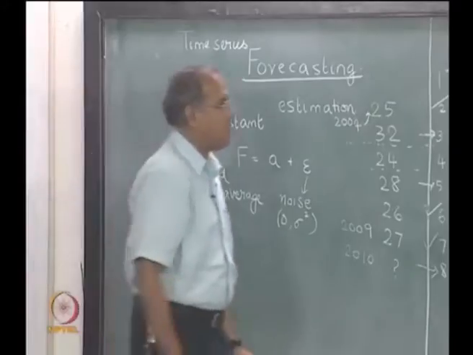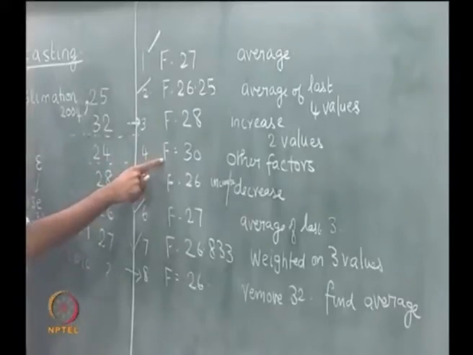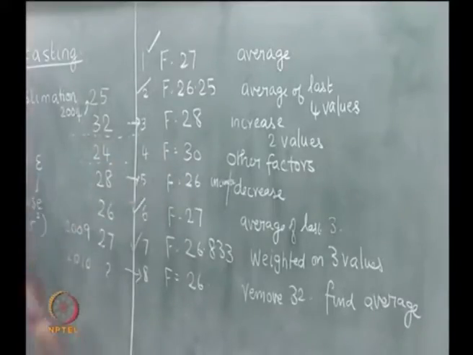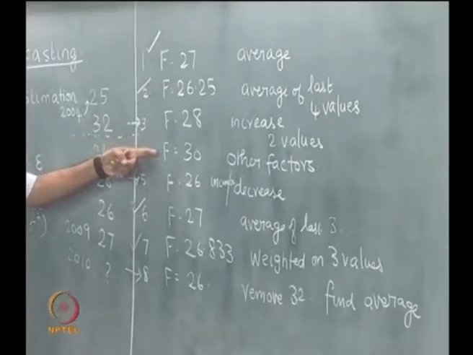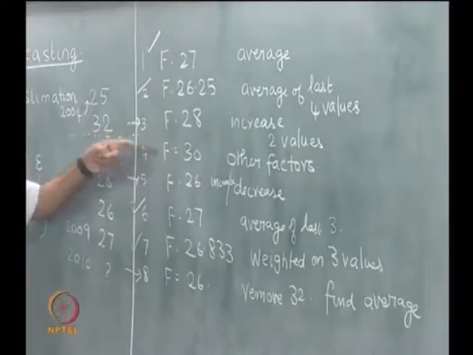Now, when we start looking at this f is equal to 30, here the person who said f is equal to 30 assumes that there is a relationship, there is some other factor which is influencing the forecast, and that factor could be the buying power of the people and so on.